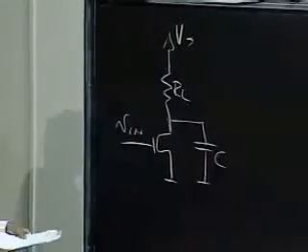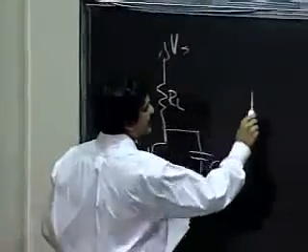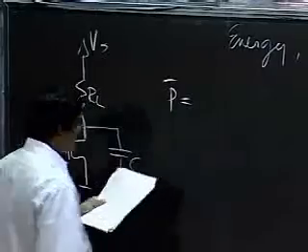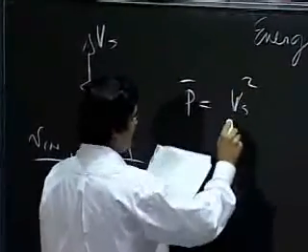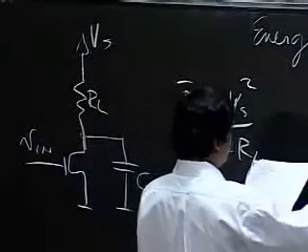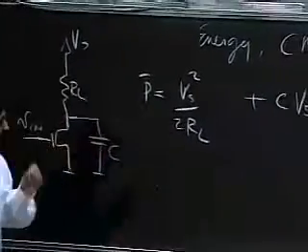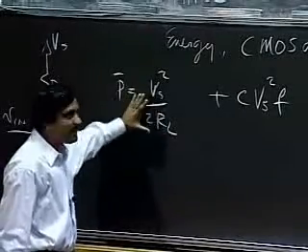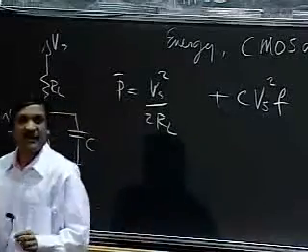So for an inverter like this, we showed in the last lecture the formula for the average power. This was a static power independent of frequency, and this was called dynamic power.